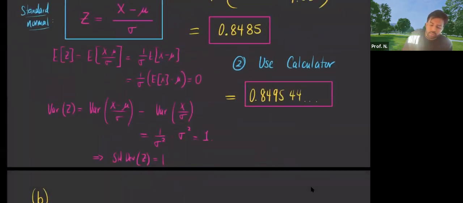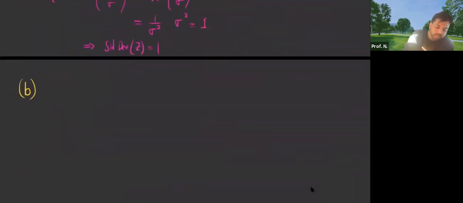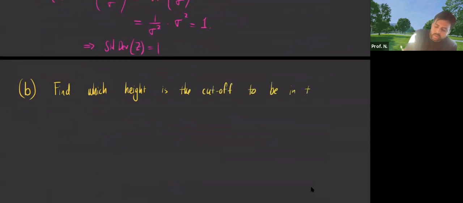So then what I want to be able to do now is find which height is the cutoff to be in the quote unquote 75th percentile within this group of people.